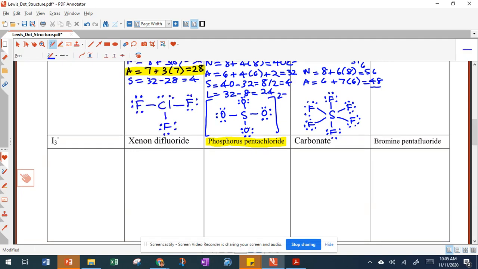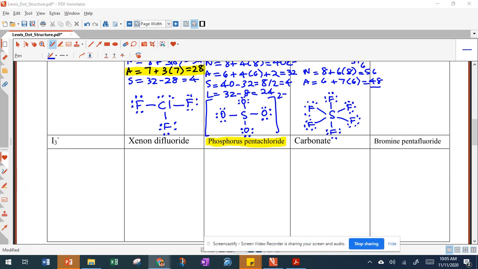Okay, so let's go over phosphorus pentachloride. With this one, make sure that when you have penta or hexa you're still calculating the A, even though you're not doing the NAS/L. With our formula, PCl5, our A would be 5 plus 5 times 7, which gives us 40 electrons.